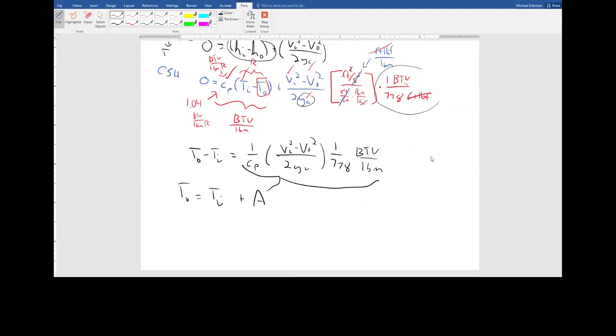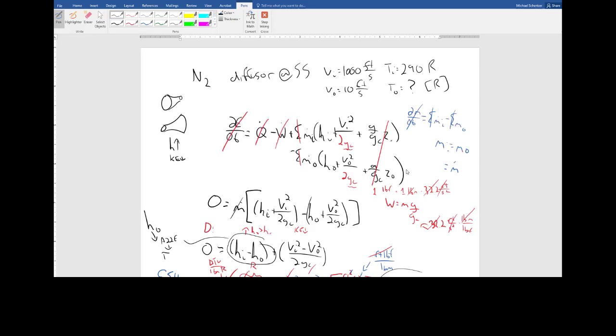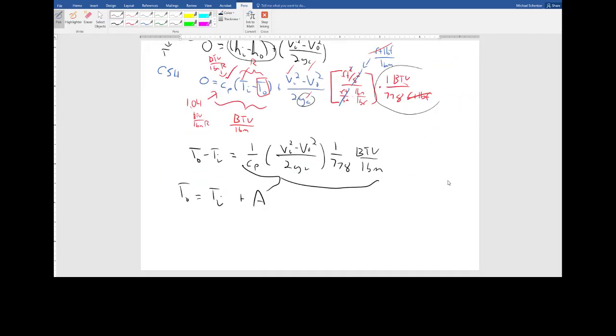Or is it the other way around? It's in minus out, so I get 1,000 squared minus 10 squared divided by 32.2 divided by 2 divided by 778. So I get that the temperature difference is 20 degrees. Does that give you the right answer? 290 plus 20 is 310. That's not it. It said 370. So maybe there's a mistake in the problem, or maybe I did something wrong here.